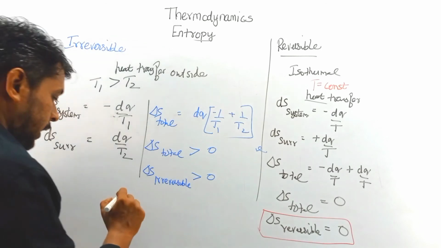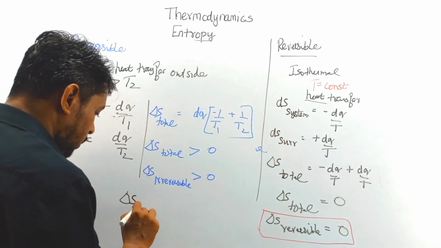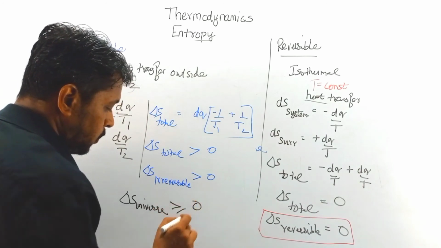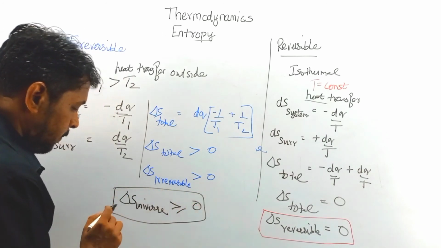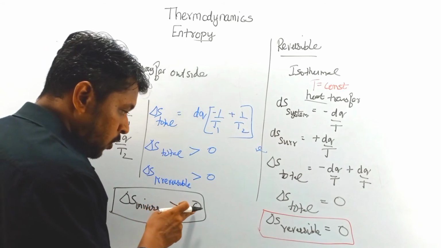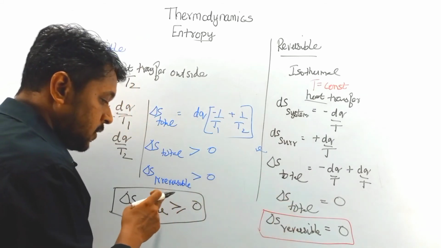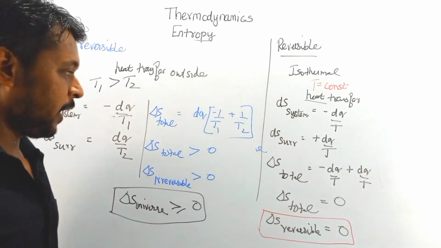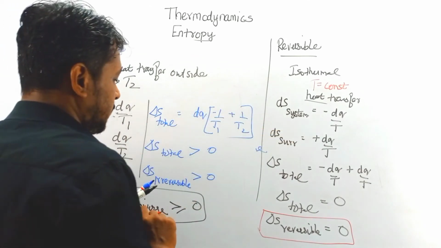So the delta S of your universe is always greater than or equal to 0. It means that delta S of universe is equal to 0 for a reversible process and greater than 0 for an irreversible process.